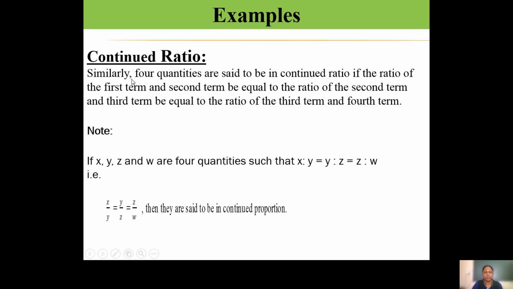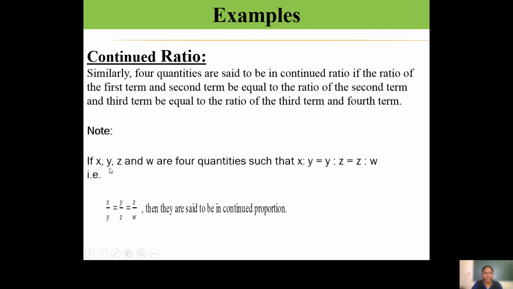Again, we will extend this concept of the continued ratio to four quantities. Four quantities are said to be in the continued ratio if the ratio of the first term and second term is equal to the ratio of the second term and third term, which is equal to the ratio of the third and fourth term.